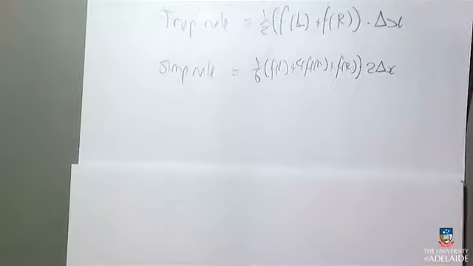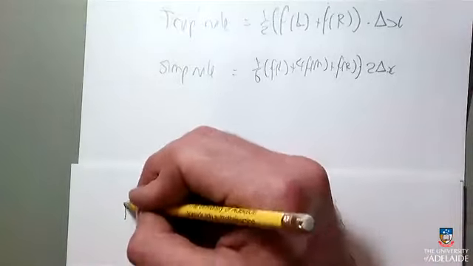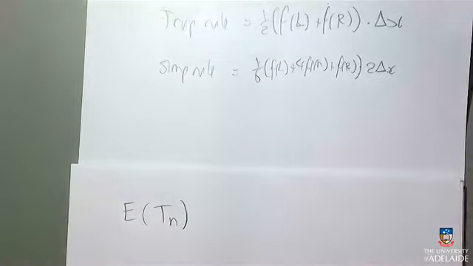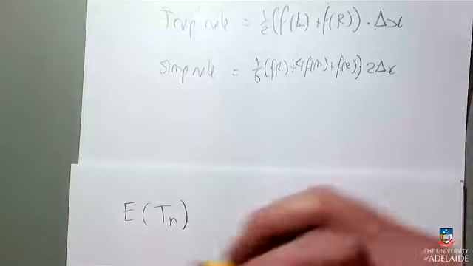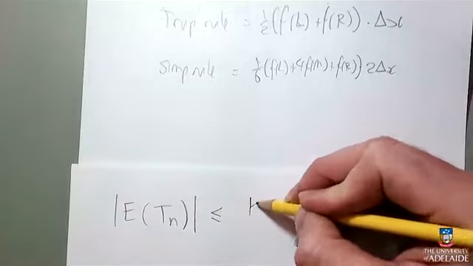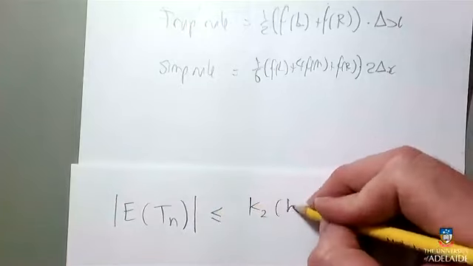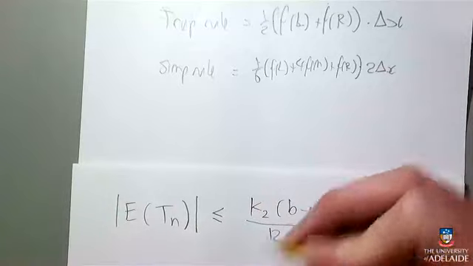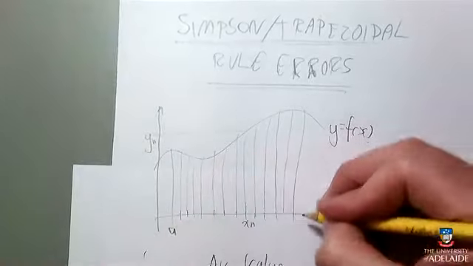And so what we can do is we can say that the error formula for trapezoidal rule, which is exactly how far apart your trapezoidal estimation and the real integral are, the absolute value of this error is less than or equal to k2 times b minus a cubed over 12 n squared, where the b and the a are these numbers here.